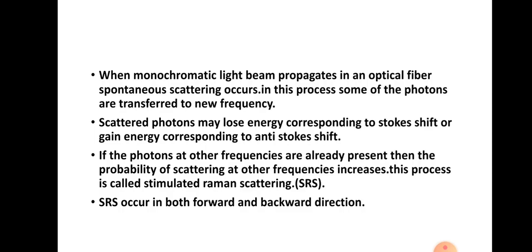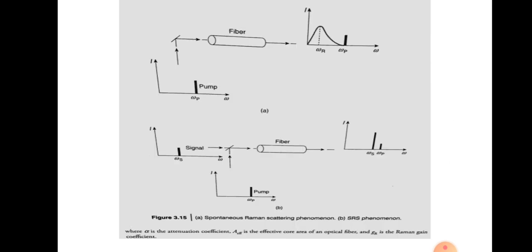In the next slide, when a monochromatic light beam propagates in an optical fiber, spontaneous scattering occurs. In spontaneous scattering some of the photons are transferred to a new frequency, as shown in the previous figure.